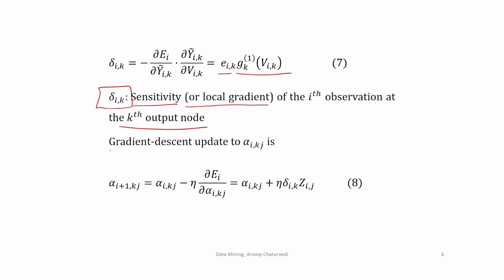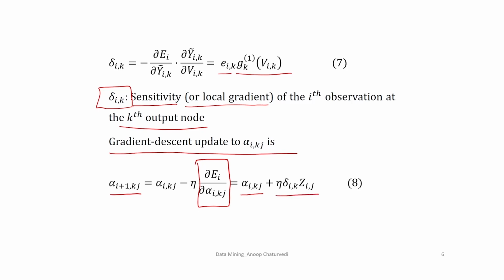Then the gradient descent update for α_kj is, say, α_kj(i+1) is equal to α_kj(i) minus η ∂E_i/∂α_ikj, and then we write the value of this derivative here. So, you get Δα_kj equal to plus η δ_ik z_ij.